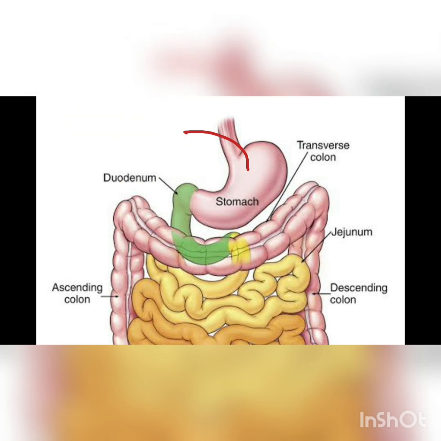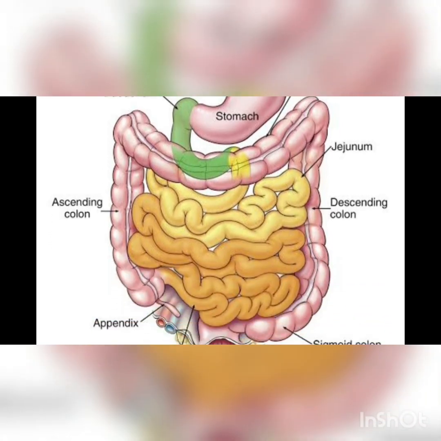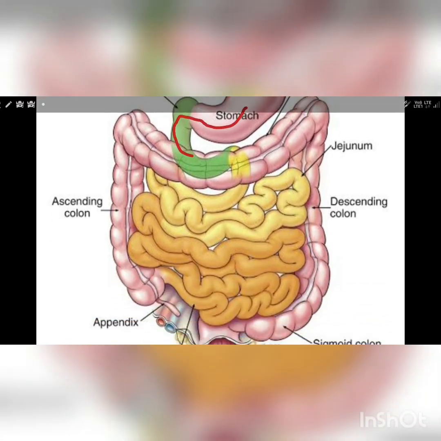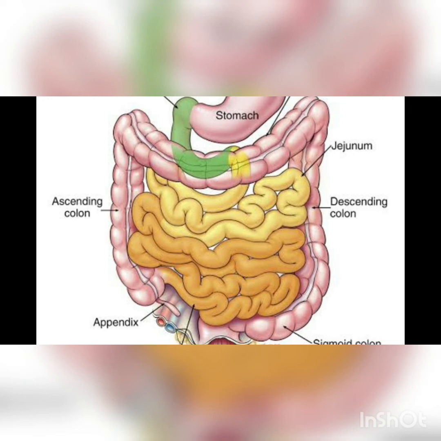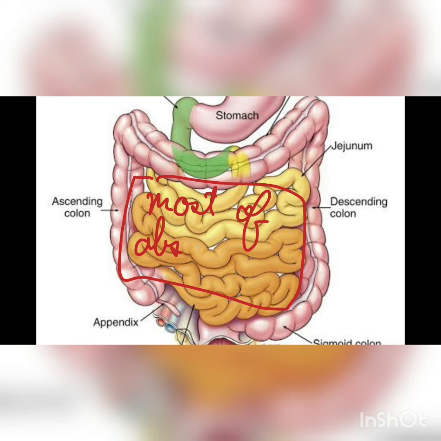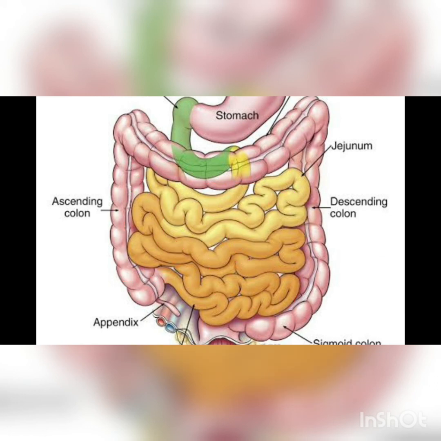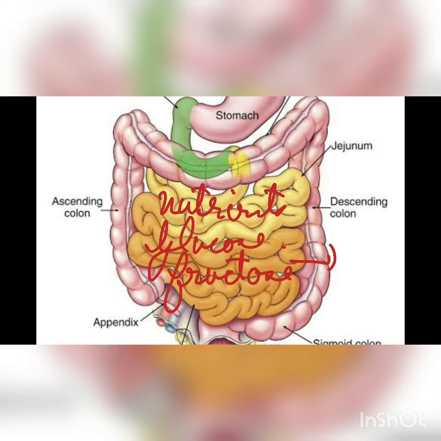Food after the stomach then goes to the small intestine. Maximum absorption occurs in the small intestine. Most of the things which are broken down into simpler forms are absorbed here, so it is also known as the principal organ for absorption of nutrients. The digestion is complete here, and the final products of digestion, such as glucose, fructose, fatty acids, cholesterol, and amino acids, are absorbed through the mucosa into the bloodstream and lymph.